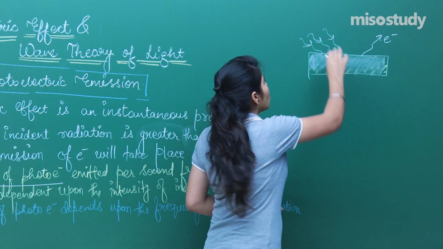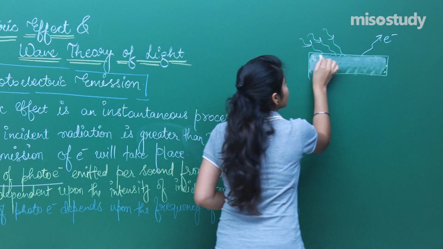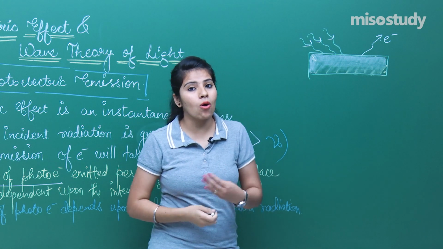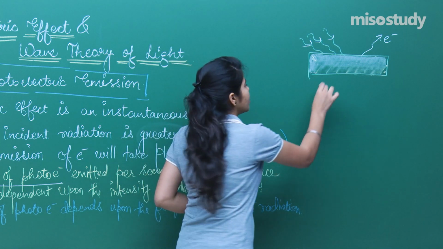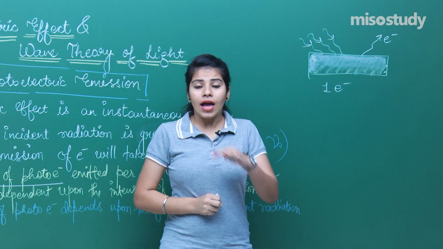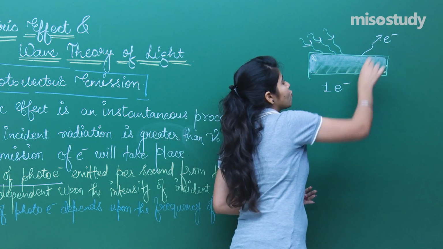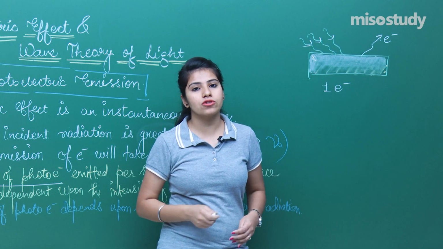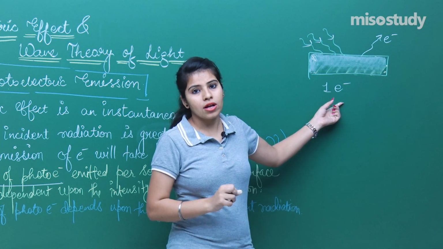But here all the radiation is transferred over the surface, so energy is shared by all the electrons. When the energy is shared, only one electron will get lesser energy, and this energy will be very much less to jump out from the surface of the metal.